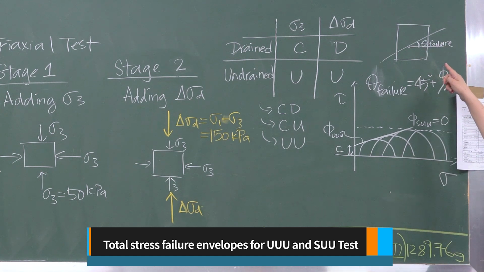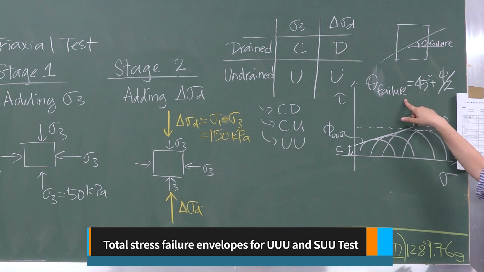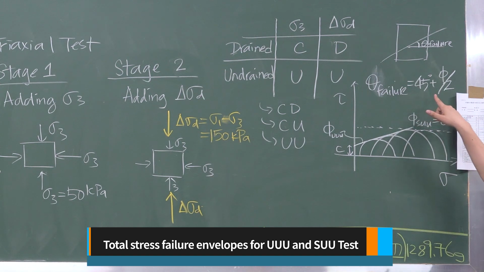Based on the Mohr circle at failure and the Mohr-Coulomb failure envelope, what you can derive is the angle of the failure plane, which is related to the friction angle. The relationship is 45 degrees plus the friction angle divided by 2. That would be the angle of your failure plane.